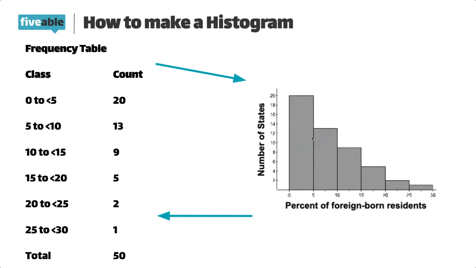And we can see that each bar goes to the corresponding height. So we have 9 states that have between 10 and 15% of their residents foreign-born, and so on all the way down until we get to 50.